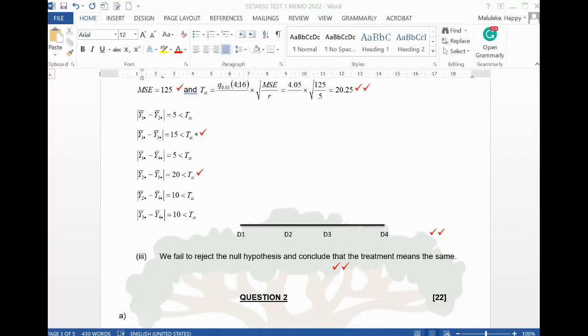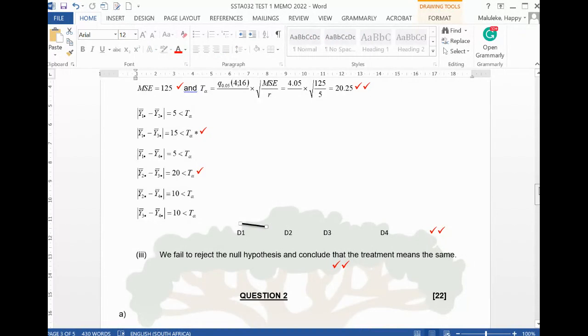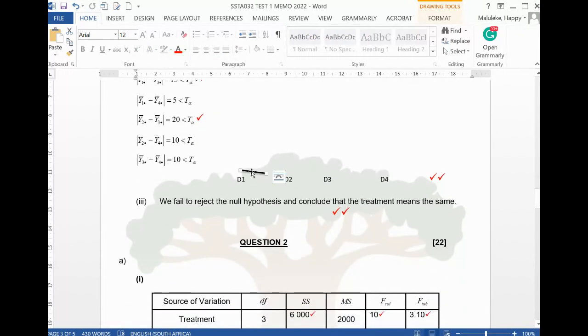But there's a question that you guys failed to answer. I said indicate which means are the same by joining the lines. There were different ways of doing that. You can just do a line like this, or just do something like this. Let me show you. Join the lines, guys.